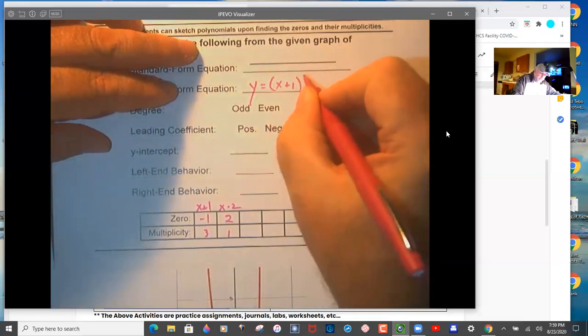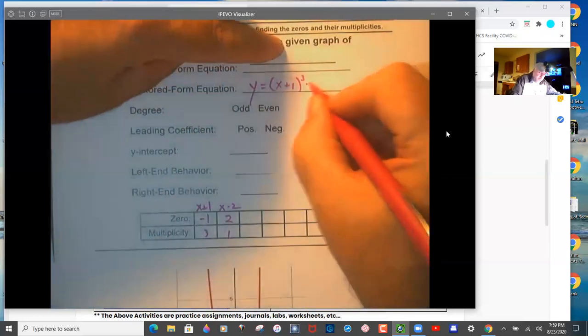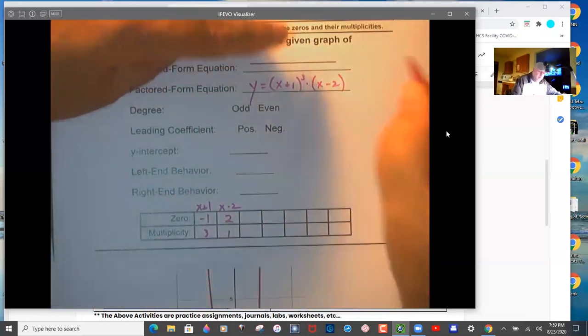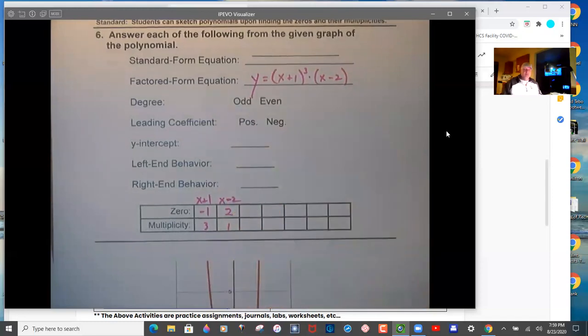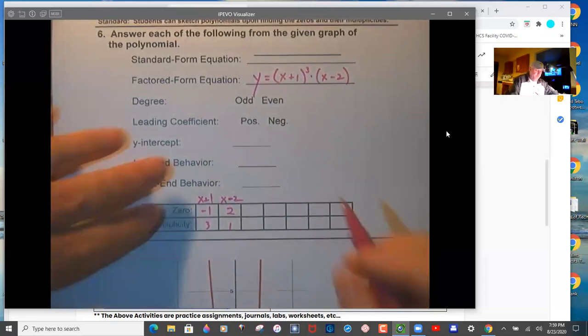Make sure you write the factor correctly. A lot of people get lazy and they forget to switch the sign or adjust properly from the rational 0. It has to be a rational number to write a factor. So make sure you're doing that right and remembering the rules for doing that.